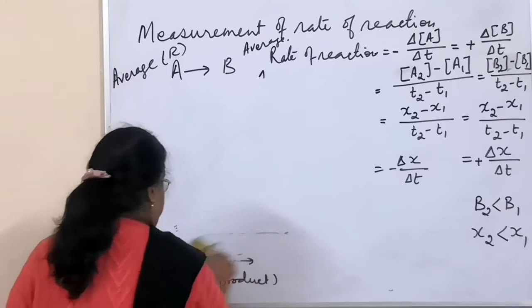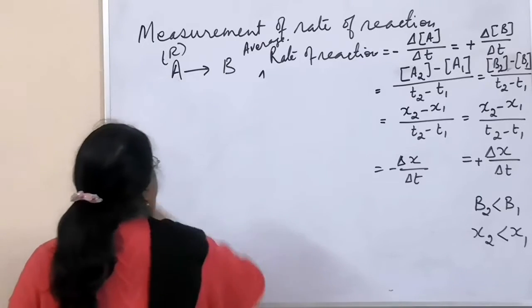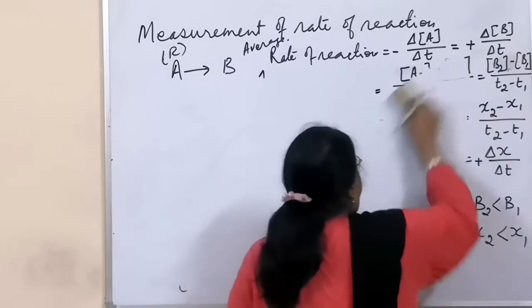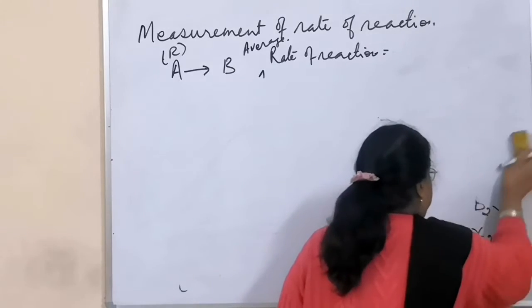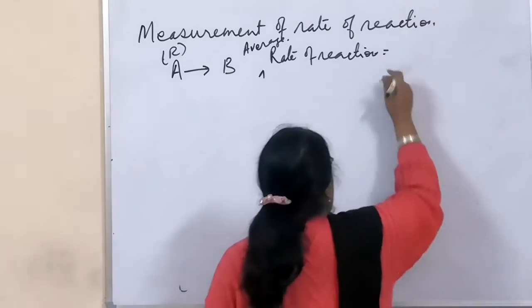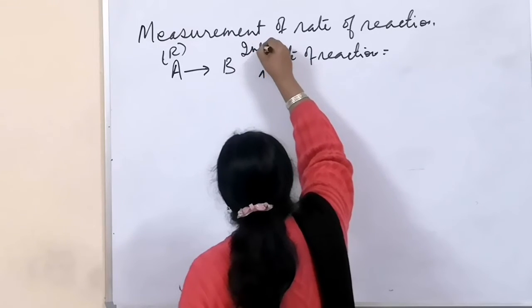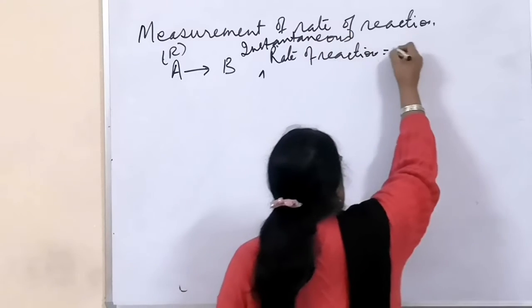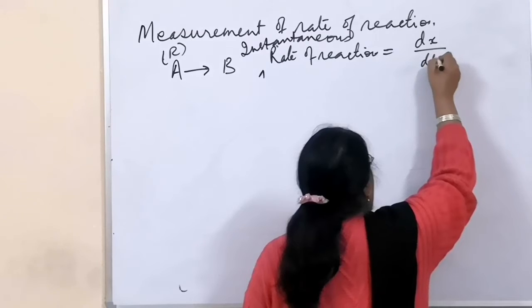Now the instantaneous rate of reaction. For the instantaneous rate of reaction, it is dx upon dt.